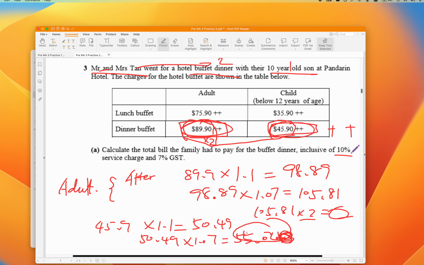To all three, 2 adults plus the 1 kid, right? What does the question actually mean? The plus applies to each of them. Correct. So which way is more logical in this case? That way. Correct.